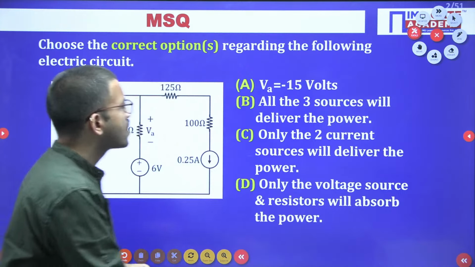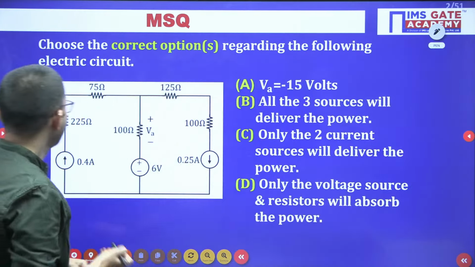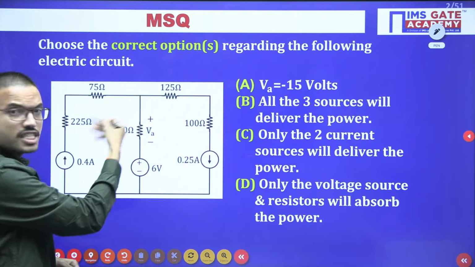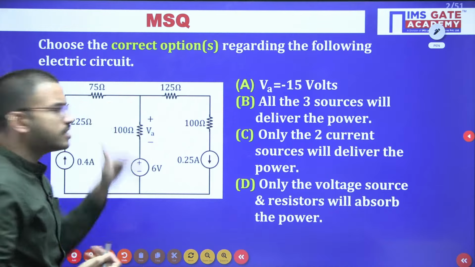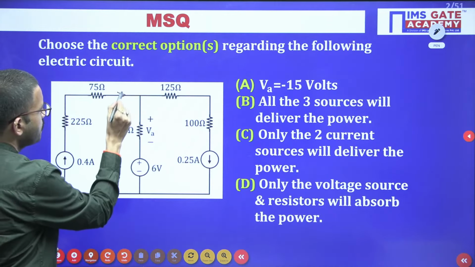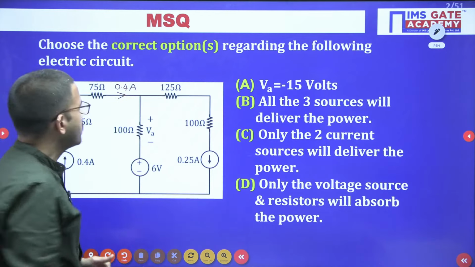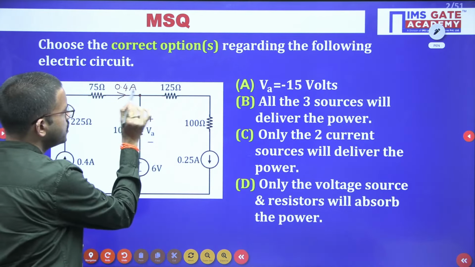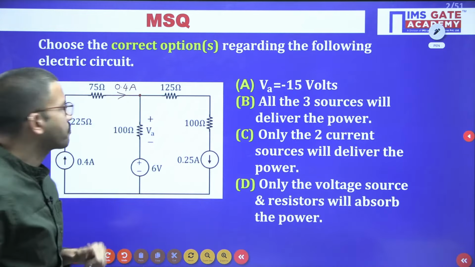For this question, if you observe, in this particular branch, already 0.4 ampere current is flowing. Yes or no? So that means 0.4 ampere current is entering this node.